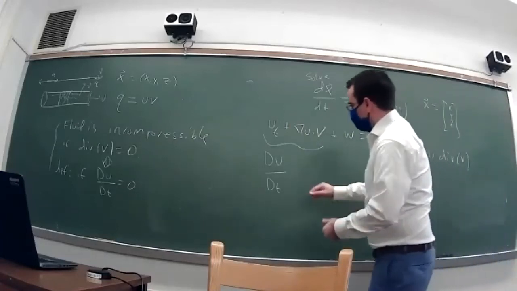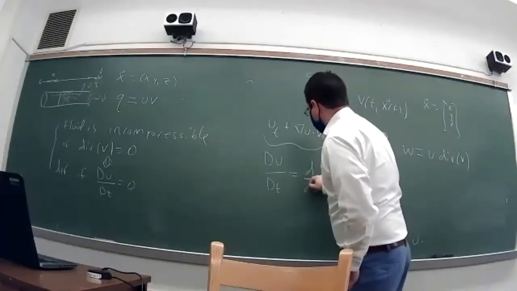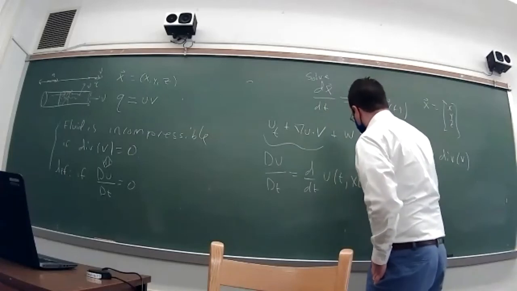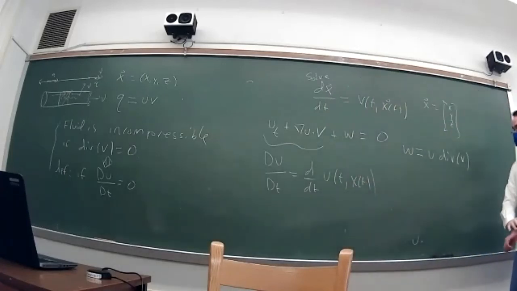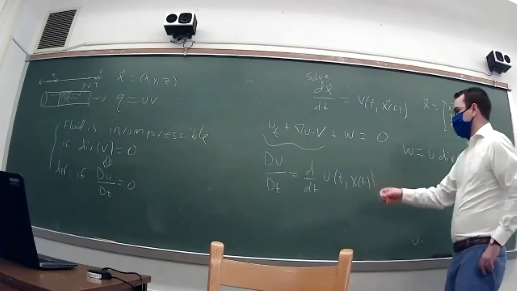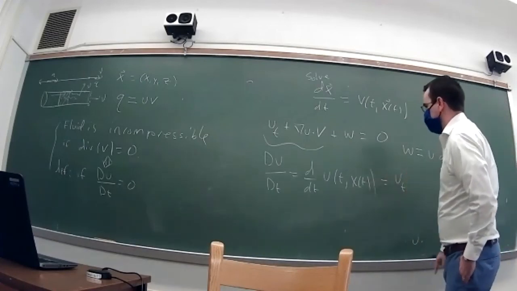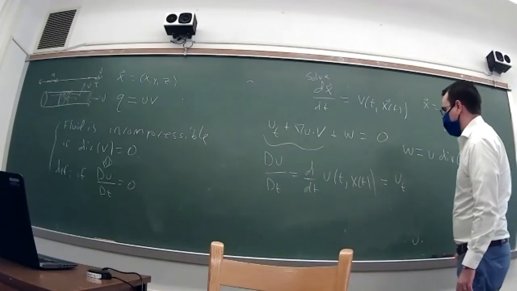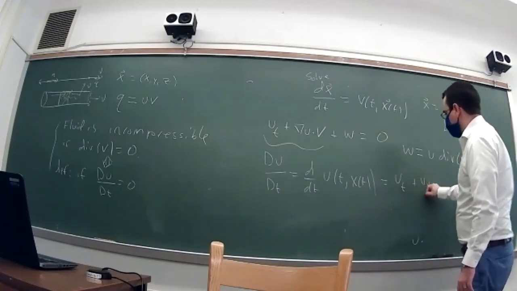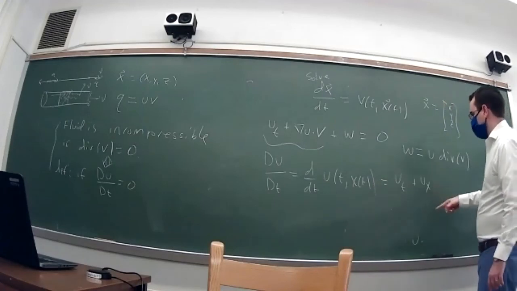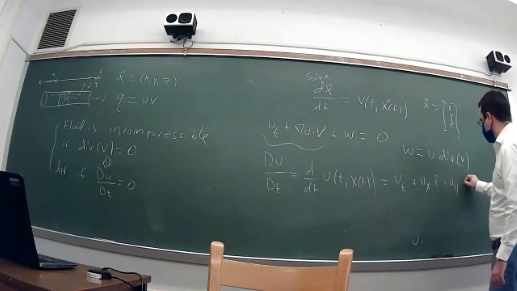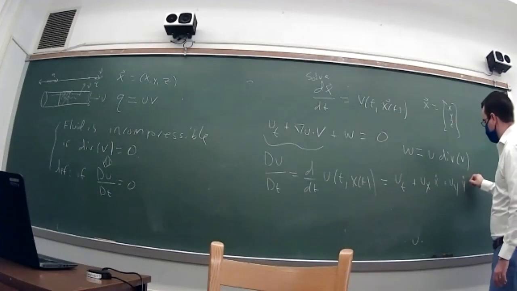I'll remind you that what it literally is, is the total derivative of u with x of t plugged in. Just going through the chain rule, you get u sub t times the derivative of t, which is equal to 1. And then you get ux times the derivative of x, plus uy times the time derivative of y.